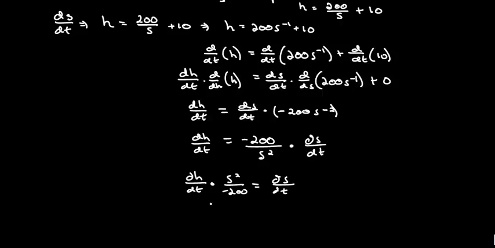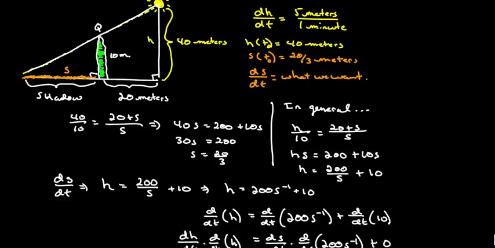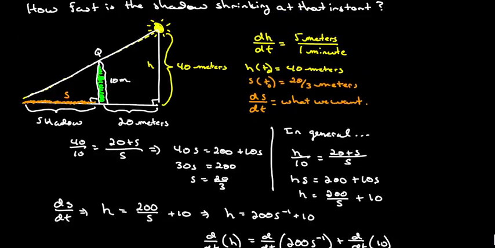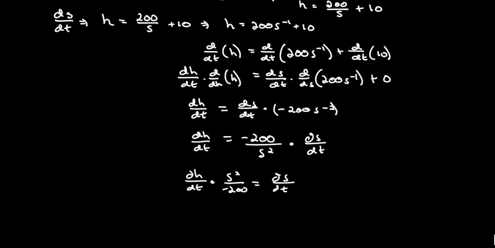Notice that dh dt is 5 meters per 1 minute. So we can insert that in here: 5 meters per 1 minute multiplied by the shadow length squared over negative 200.